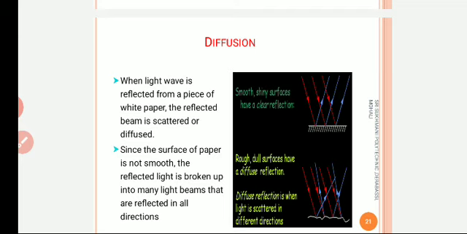But if the surface is not smooth, the incident light will be broken into many light beams and all the reflected beams will be traveling in multiple directions. Some may go forward, some may come back in the backward direction.